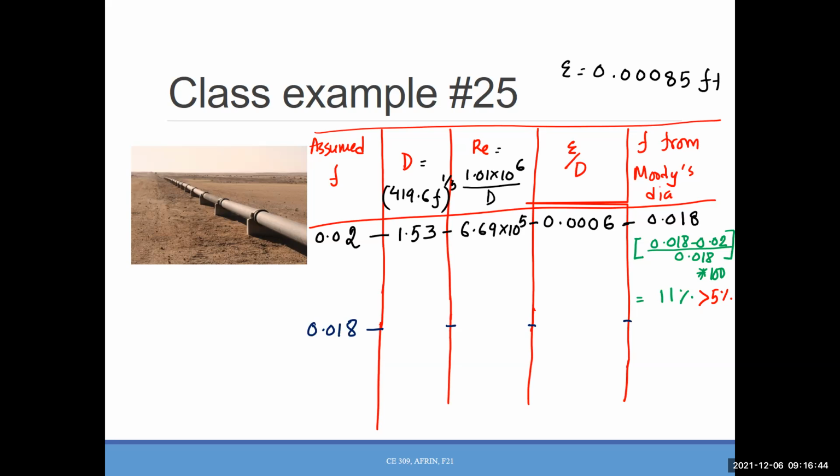Here our main objective is to find what is the difference in our assumption with respect to the Moody's diagram, because we want them to be the same. That is our main goal. Our assumption should be the same as the Moody's diagram f value. And that's why, if it's not the same, we try to find what the difference is, with respect to that value.